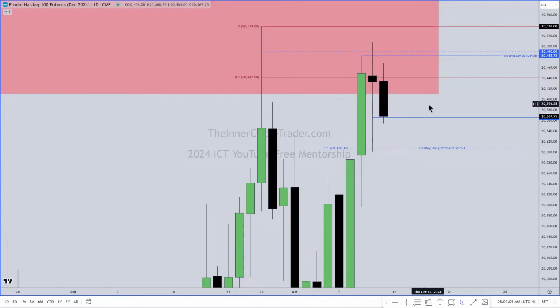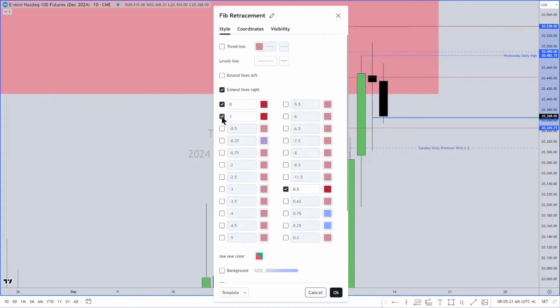So we also have this level right there, which is the upper quadrant of this premium wick. And I'll show you what I mean by that. I'm going to add all the levels again. So you can see the halfway point. In this case, it's consequent encroachment, 0.75, 0.25, and the high and low.